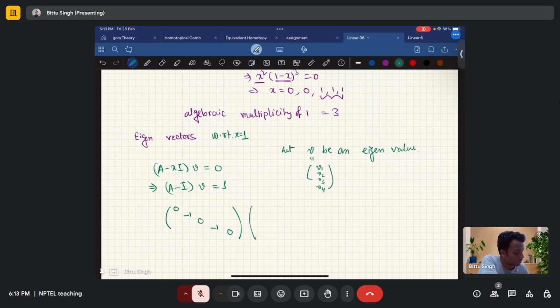Then clearly we obtain v by solving this equation.